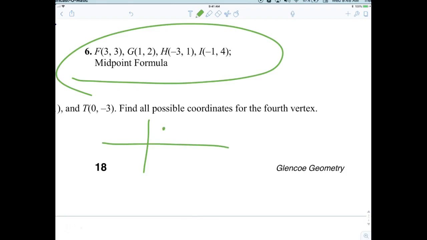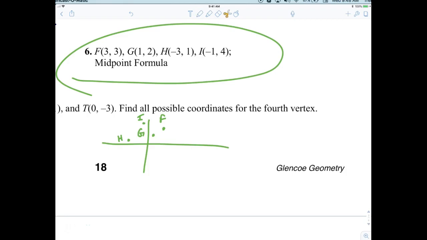That's F. Then 1, 2 would be somewhere over here. That would be G. Then H, negative 3, 1, would be over here. And then negative 1, 4 would be up here somewhere, which would be I. Does everybody see that? Yes.